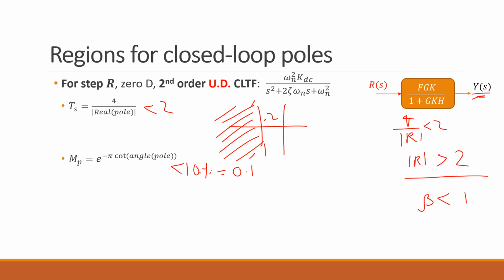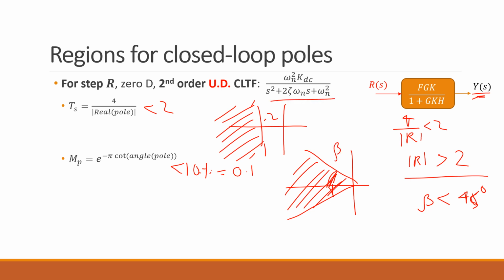Let's call it 45 degrees. It's not really true, but still. So the overshoot being less than a particular value boils down to the angle of the pole being less than a particular number, and the region corresponding to that would look like this. Your closed loop poles should be in this region, and the angle of the pole would always be less than the beta you calculate. Having the closed loop poles for the second order system in this region will give you the right overshoot.